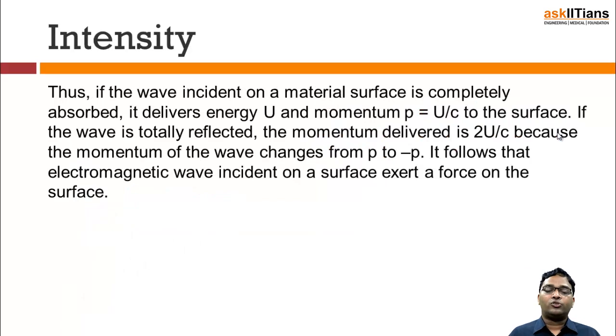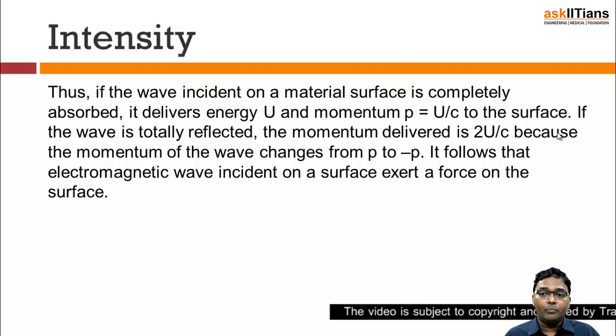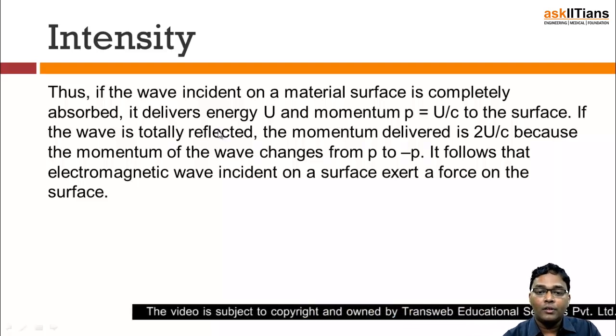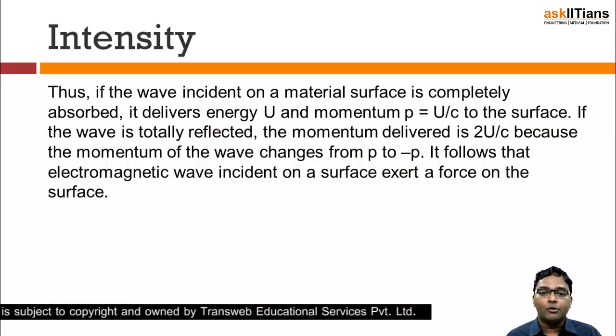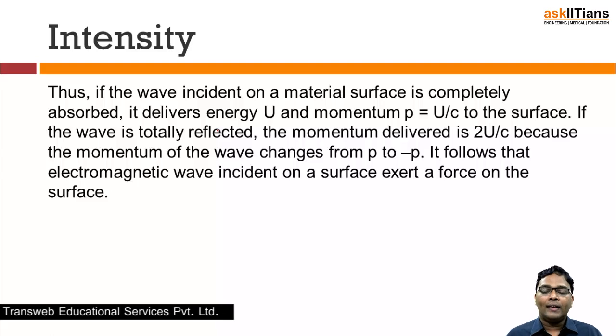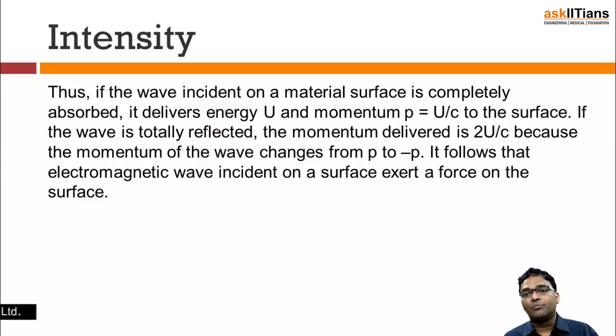As a result, if there is any wave, electric wave or magnetic wave, incident on any particular medium, that wave is going to deliver some amount of energy U, and with that it is also going to deliver some momentum P. The momentum P that it delivers is defined as the total energy contained in that wave divided by the velocity of light.